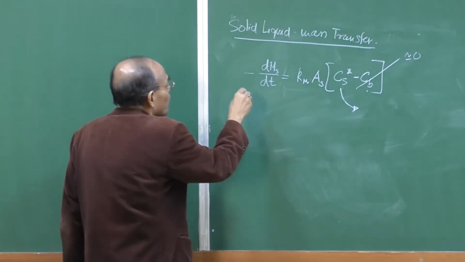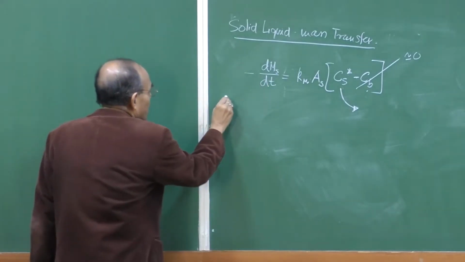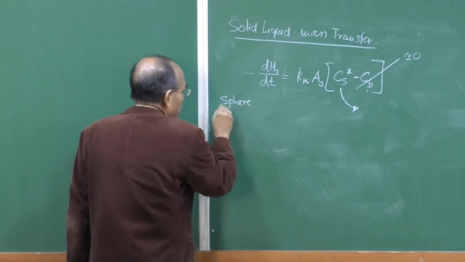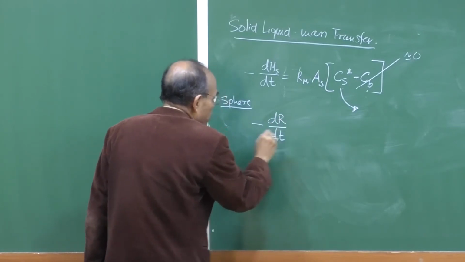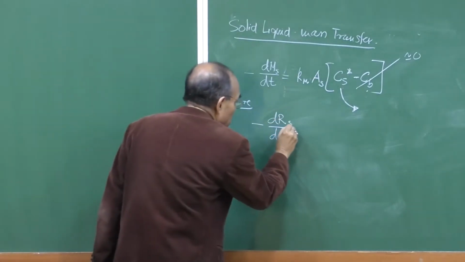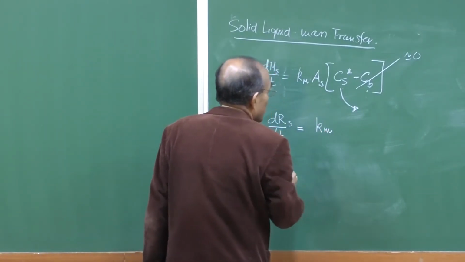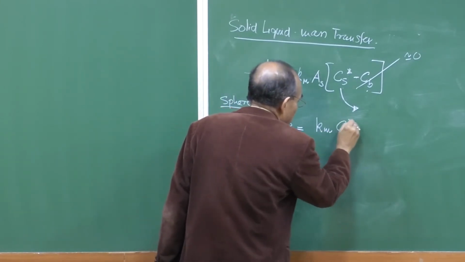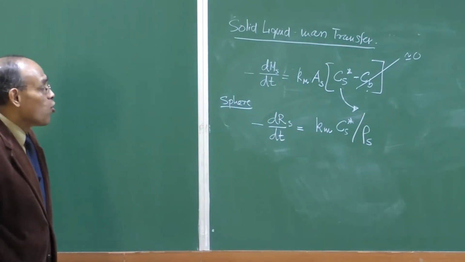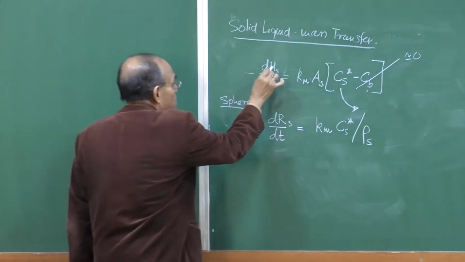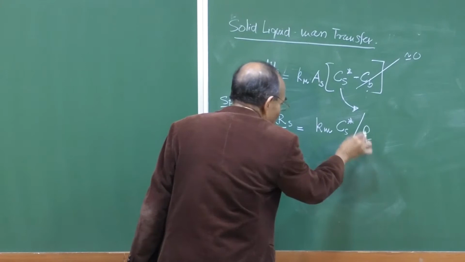So, if you now apply this equation to a spherical shape addition, to a sphere, this equation is cast in terms of the rate of change of radius of the sphere: dRs/dt is equal to Km, the mass transfer coefficient, times Cs star divided by rho s, where rho represents the density, because in the mass term, if you remember, mass of the sphere is going to be volume times the density, and that is how the density manifests here.